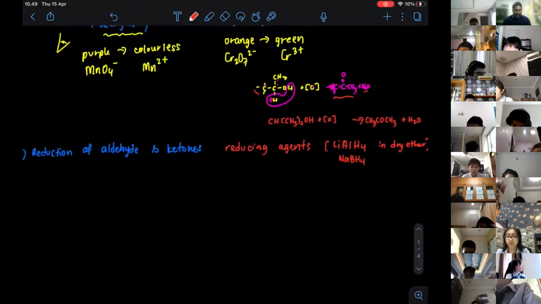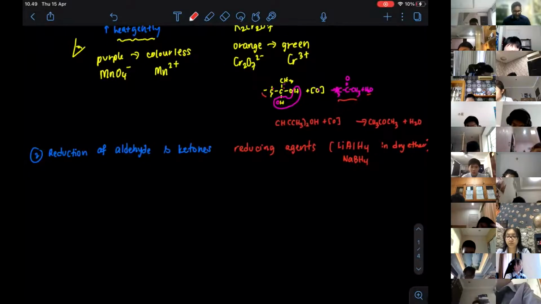So when we look at your syllabus, they say I need to know how to reduce aldehyde and ketone. But in our previous chapter, we learned about the reduction of carboxylic acid. So now I'm going to combine everything together.